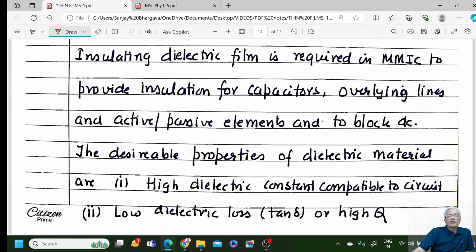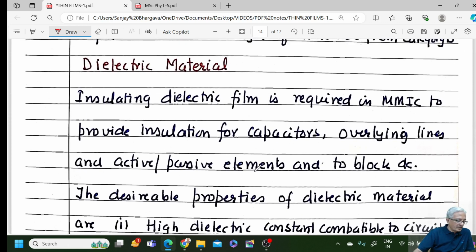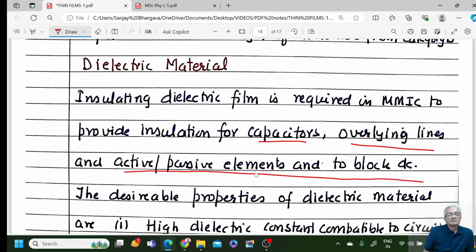Now, next in the material category is the dielectric material. Insulating dielectric film is required in MMIC to provide insulation for capacitors, overlying lines and active passive elements, and to block DC. That is why we require the dielectric films.